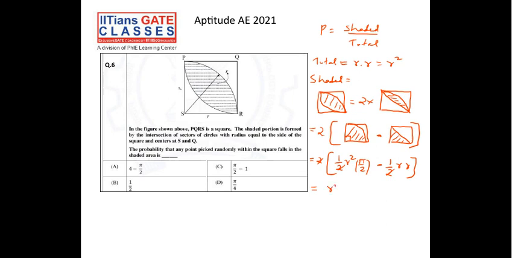Cancel out the 2s, and the final value of the shaded area, taking r square common, is r square times pi by 2 minus 1. Substitute in the probability equation, we get p is equal to r square times pi by 2 minus 1 divided by r square. The final answer is pi by 2 minus 1, which is option C.